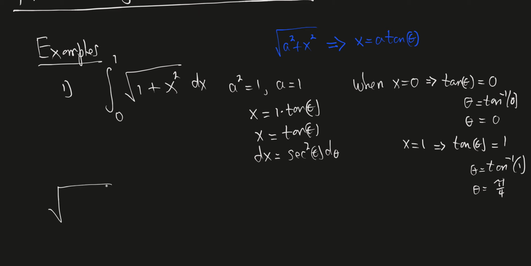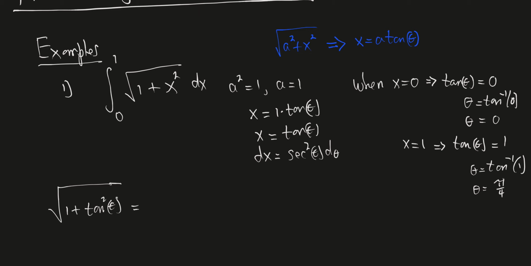So we will have our 1 plus tangent squared theta. And it's not considered simplified until we've gotten rid of the root. It's when we can say we have a perfect square under the square root. That's when we know we've made the significant leap as far as getting closer to the solution.